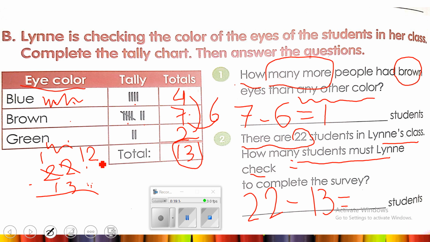Let's count. I have 3 in my mind. Let's count until 12. What after 3? 4, 5, 6, 7, 8, 9, 10, 11, 12. Perfect. 9. Now 1 minus 1, 0. So the answer is 9 students. She has to ask 9 students more.